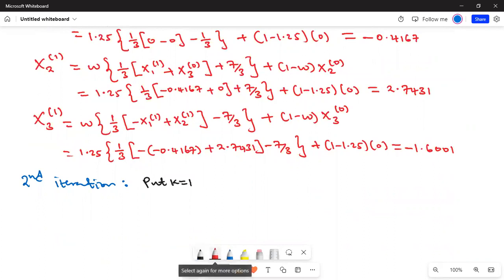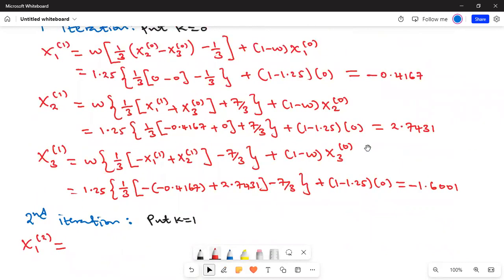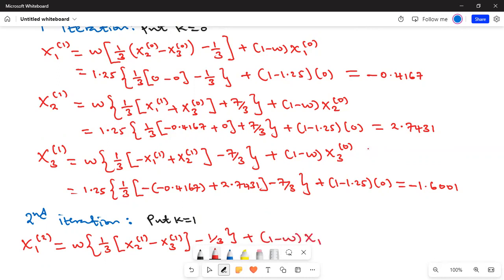The first equation will be x1 at level 2. It will be equal to omega times 1 over 3 into x2 at level 1 minus x3 at level 1. Then minus 1 over 3, plus 1 minus omega times x1 at level 1.